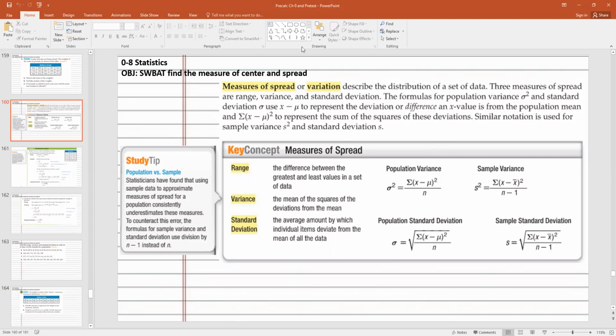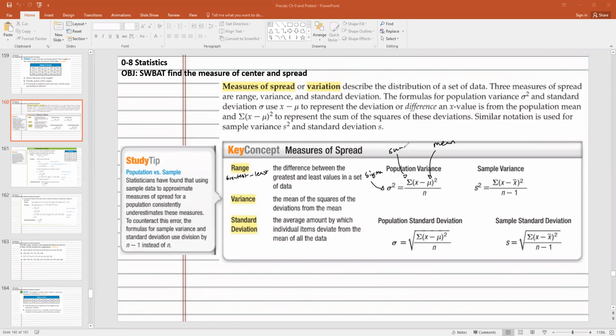Oh, sorry, I forgot to mention this. Notice that you have population here, and this is sigma. It's a lowercase sigma though. So this is also sigma, but this is the lowercase sigma.